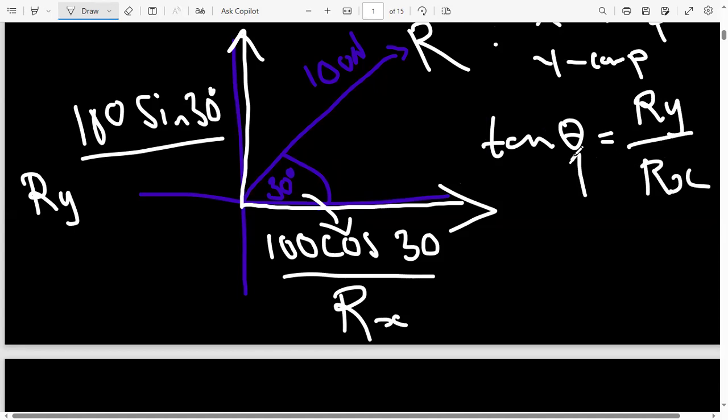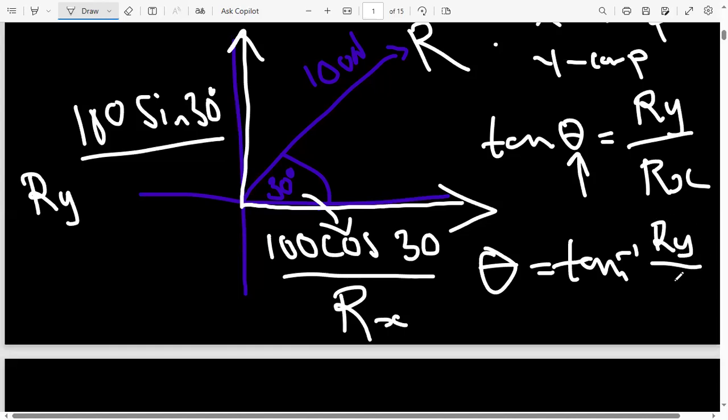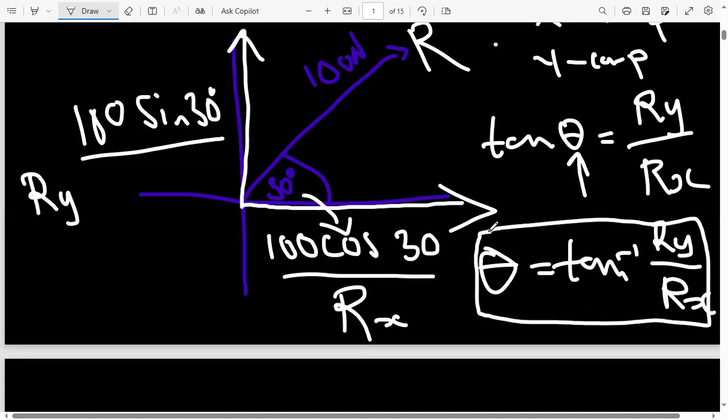If this angle is not given, you can still find it: the angle equals tan inverse of y component divided by x component. This formula will be very important to use.